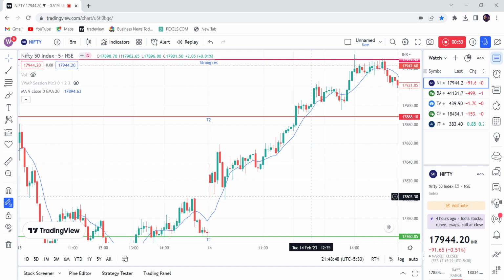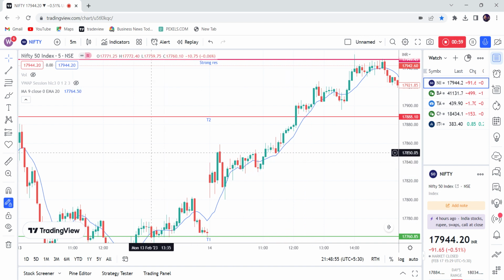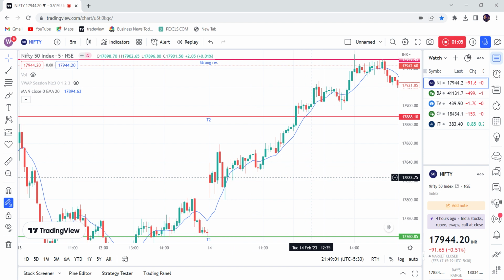Coming to the topic, this is called a moving average. I'm telling this for beginners. Experienced traders already know about this indicator, but I thought to explain it and remind you to follow this in your intraday trading.